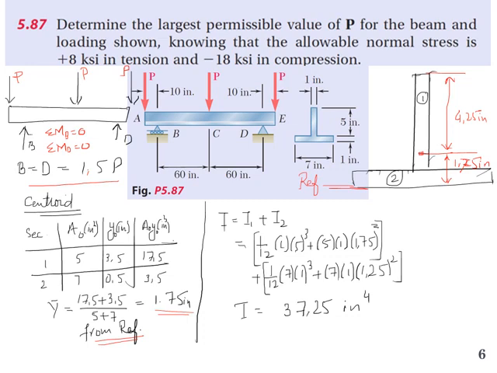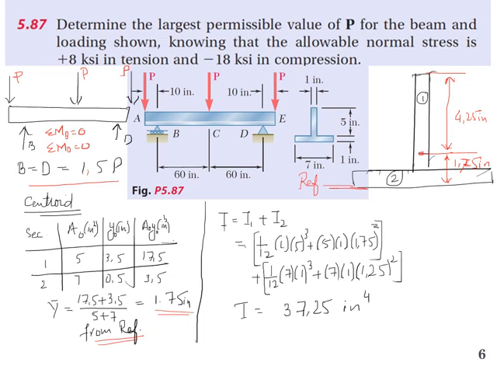Okay, and we have to calculate the moment of inertia. I will be equal to I1 plus I2, and we have to apply the parallel axis theorem: 1 by 12 BH cube for the first one, where B is 1 and H is 5, plus area into D square, where D is 1.75.